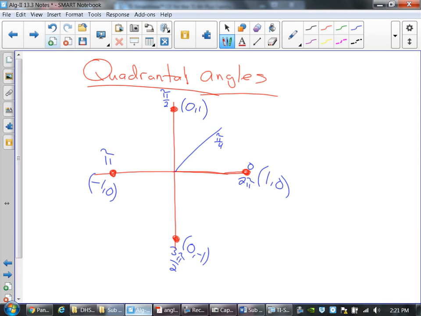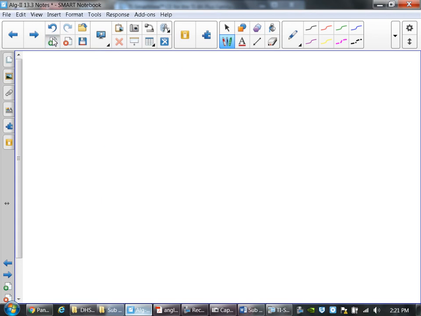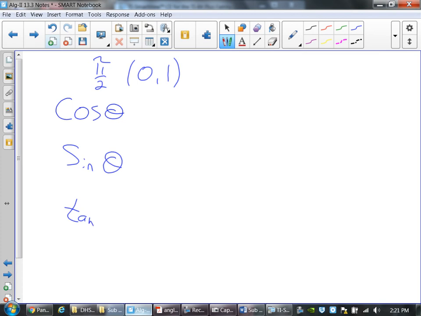But this is where all of this heads to, it's the idea of understanding why quadrantals are important. Quadrantals are important because at pi over 2, if I take 6 trig functions at pi over 2 as an ordered pair of 0 and 1, cosine is what over what?